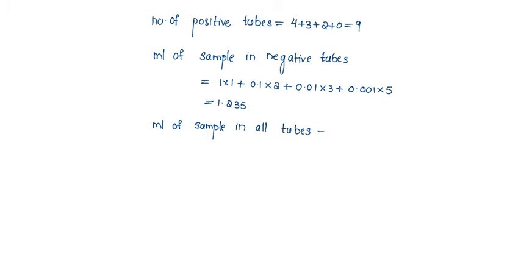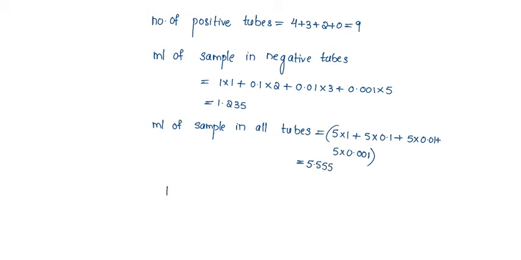Whereas ml of sample in all tubes will be: there are 5 tubes corresponding to 1 ml dilution, plus 5 tubes corresponding to 0.1 ml dilution, plus 5 tubes corresponding to 0.01 ml dilution, and 5 tubes corresponding to 0.001 dilution. So this will be 5.555.